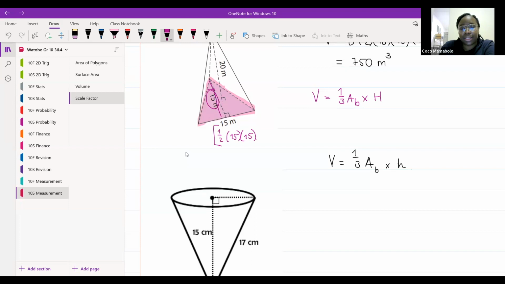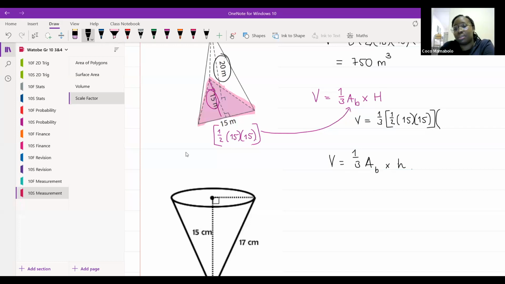I'm going to insert this area here. So volume is equal to 1/3 multiplied by 1/2 of the base times the height of my triangle, multiplied by my perpendicular height, which is 20 meters. Then you punch that into your calculator and the answer is 750.